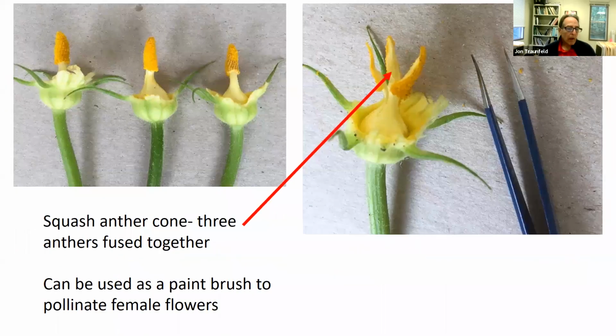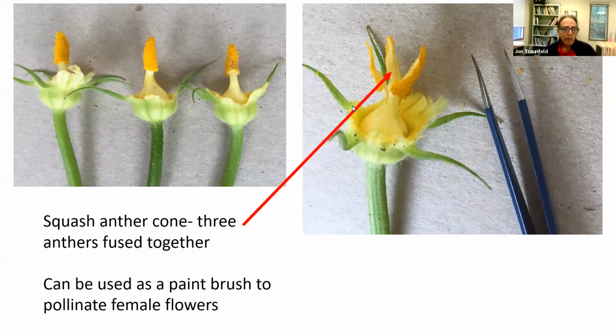Okay, so with squash, we see on the male flower the anther. This is the stamen, and it actually consists of fused anthers. And so here on the right, we can see the anthers have been gently pulled apart with tweezers, and we can see there are 3 of them that fuse together to form the stamen, or the anther cone.